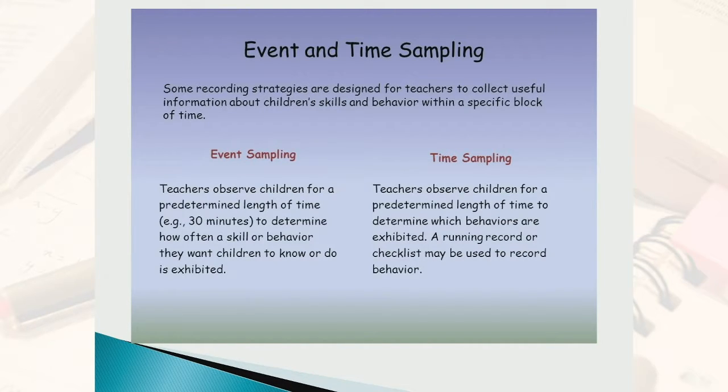So perhaps every time a child is hitting, you're documenting that behavior to try to figure out why it is occurring. And then time sampling is more of a running record, because you're doing it for preset times and at intervals as well, to figure out behaviors that are being exhibited.